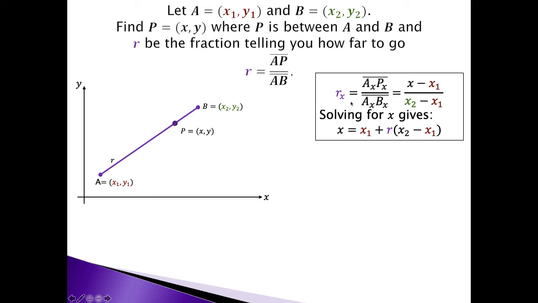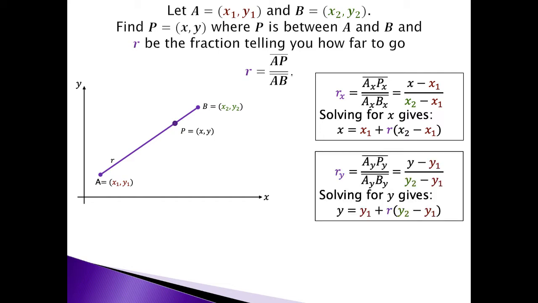R sub x is going to be the x portion of the ratio. So we're going to find the x distance between x and x1, over x2 minus x1. So that's the distance of the x values over the whole length. And then we're going to solve for the x variable, not x1 or x2, but for x itself.